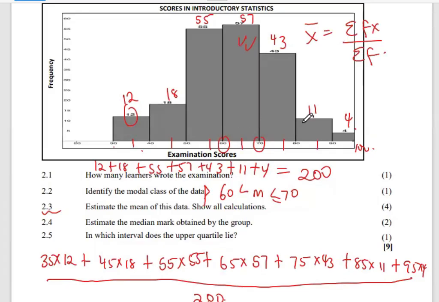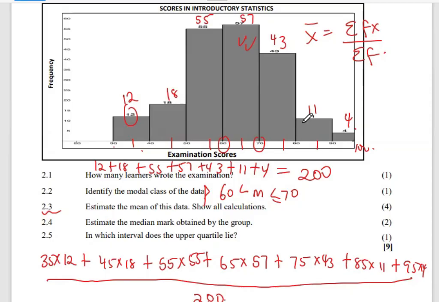Okay, so let me punch this into my calculator just once and for all, so that I get the answer. So we're saying 35 times 12 plus 45 times 18 plus 55 times 55 plus 65 times 57 plus 75 times 43 plus 85 times 11 plus 95 times 4.